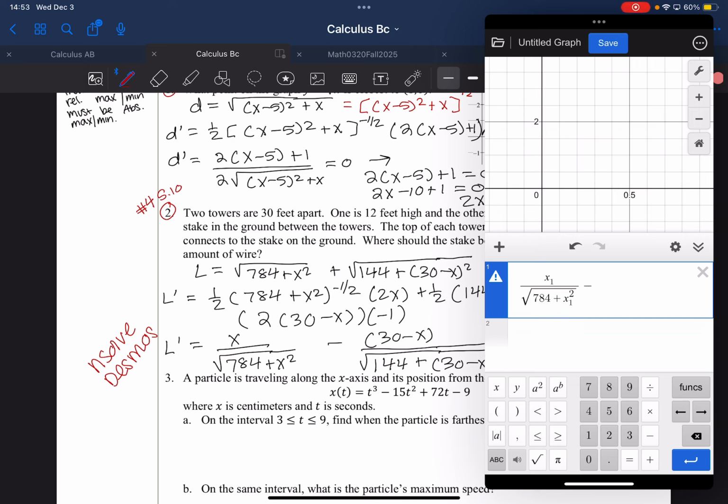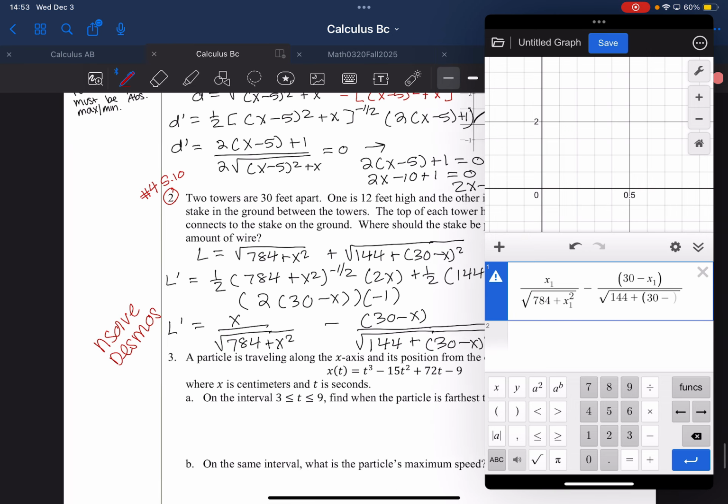Okay, minus, and then we have 30 minus x sub 1 divided by the square root of 144 plus 30 minus x squared.